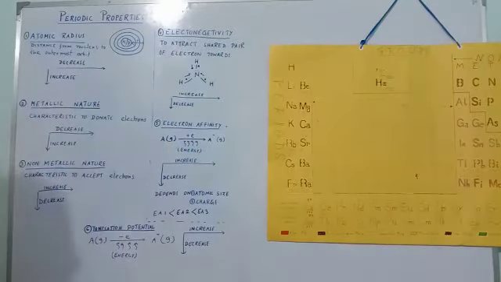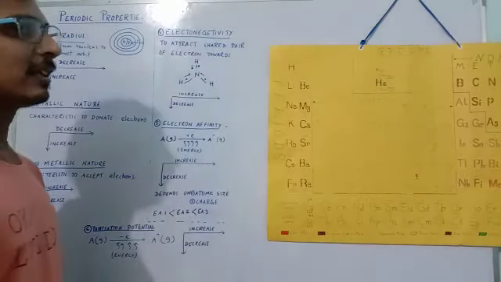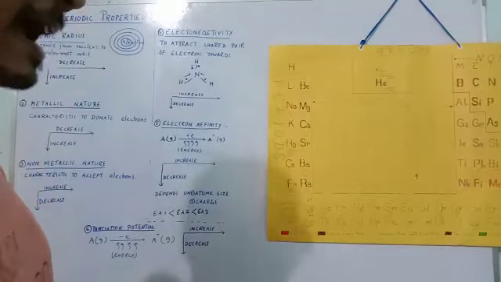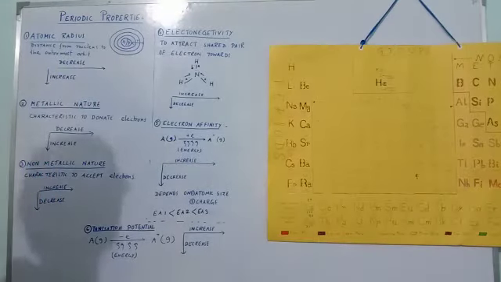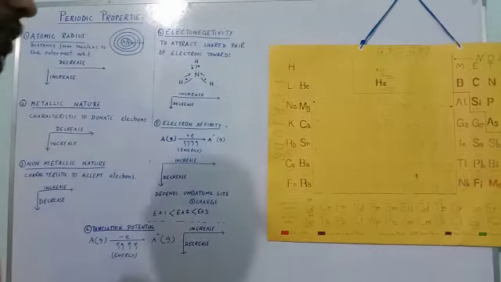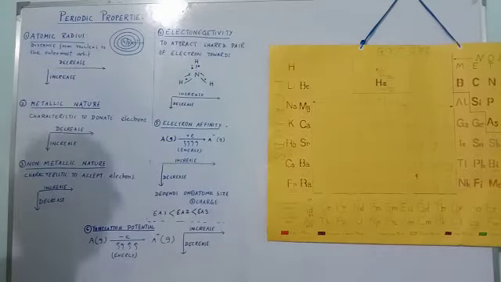Suppose the condition where you are having a gaseous element and you are told to make it an anion. Then what do you have to do? You have to add electrons to that gaseous atom so that it will form anions.